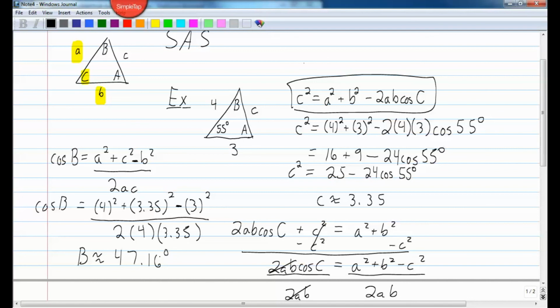Now, to solve for angle A, you can either use the fact that the three angles of a triangle add up to be 180 degrees, or you could use the formula where we had solved for the cosine of A, the one from your ebook.